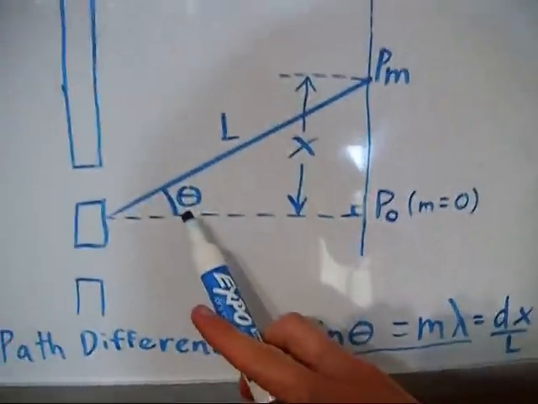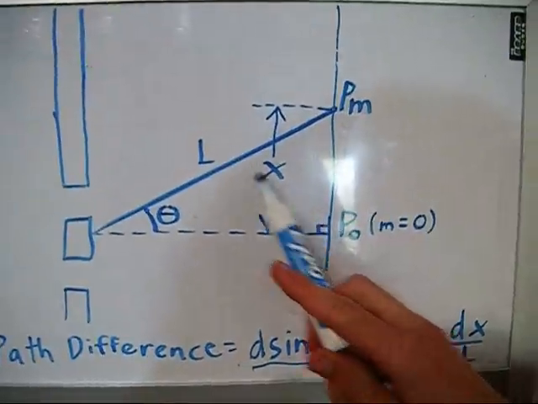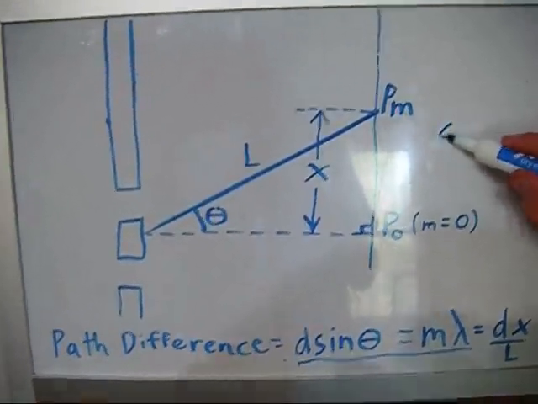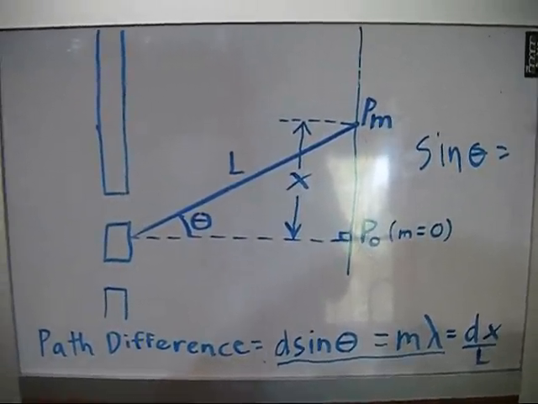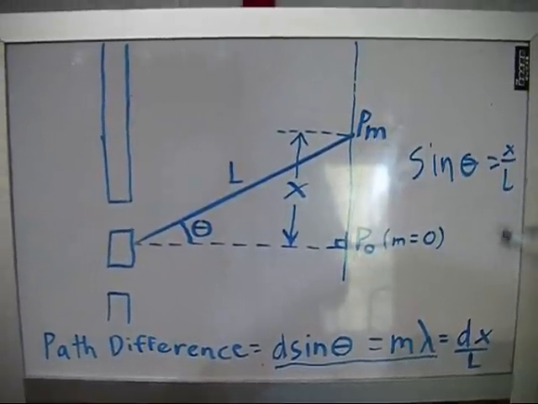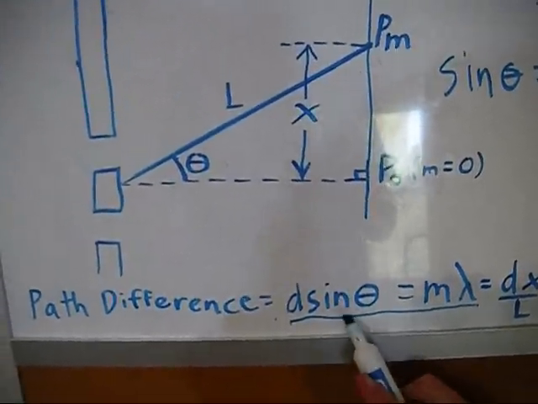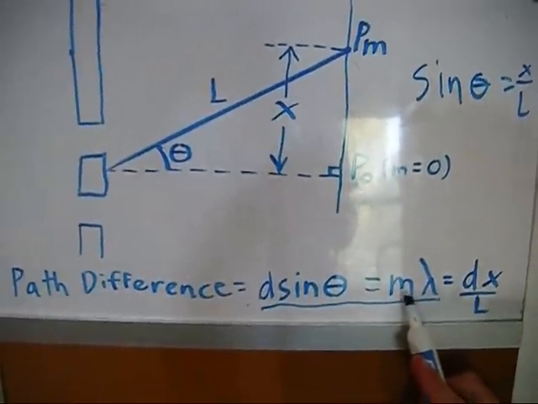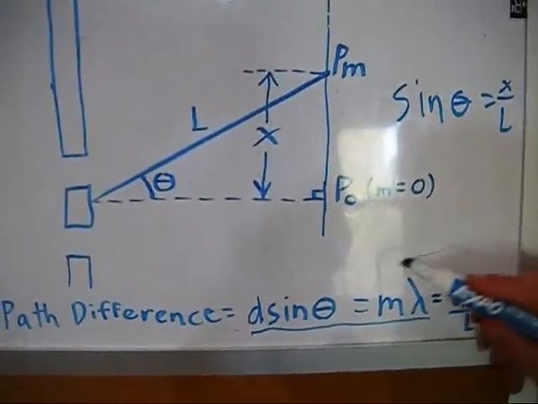Sine of theta here is the opposite over the hypotenuse, which is x over L. So he substituted sine of theta equals x over L down into this equation. So he put x over L times d into it equals m times the wavelength. So for his final equation he got this.